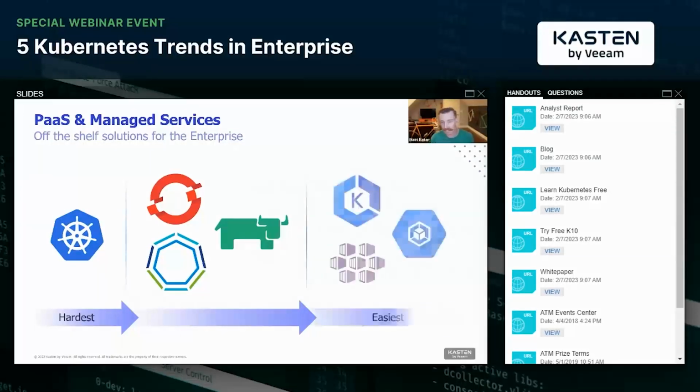But then the third category here, arguably the easiest to get up and running, is what I would consider to be more Kubernetes as a service or a managed service for Kubernetes. So our big three here would be like Azure Kubernetes Service, AKS, Amazon's Elastic Kubernetes Service, EKS, or Google Kubernetes Engine, GKE. I think I got all my acronyms right.